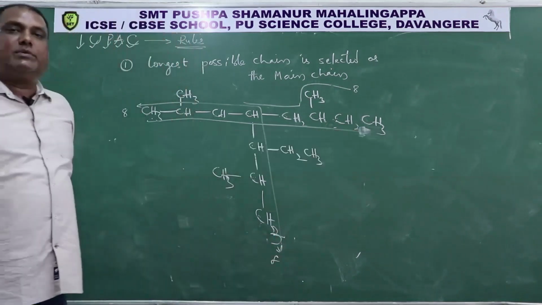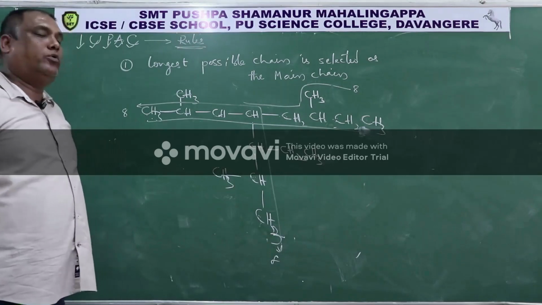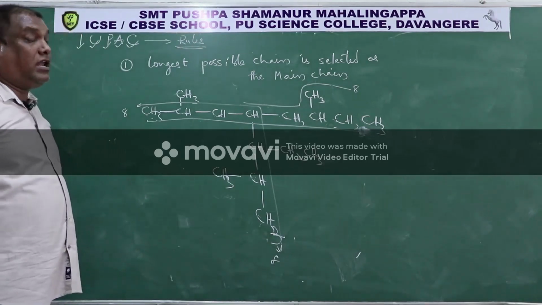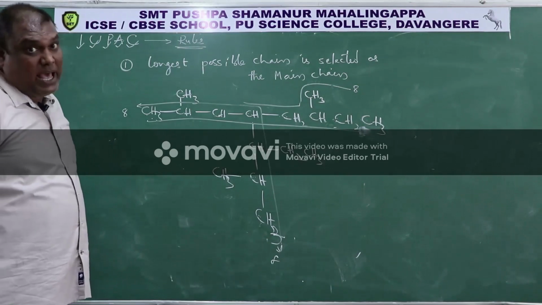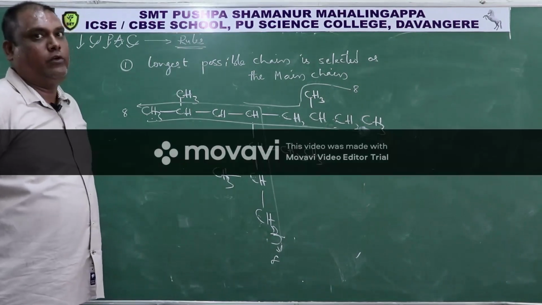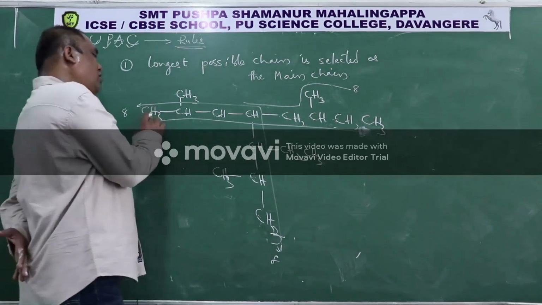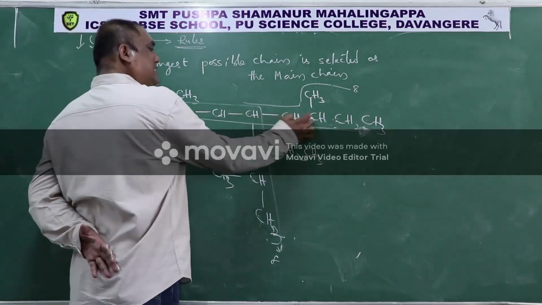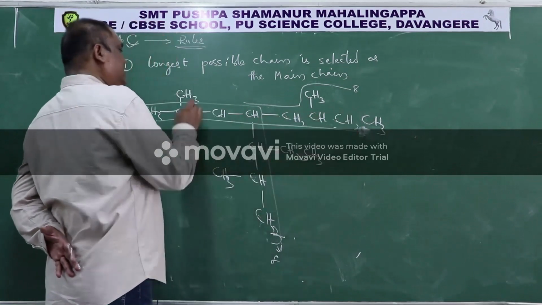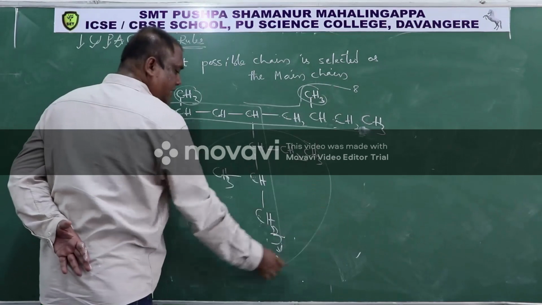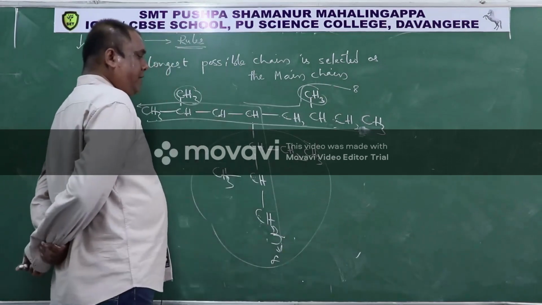Now, which one should be selected as the main chain? The rule is, the chain that carries the maximum number of side chains will become the main chain. If you observe the straight one, 1, 2, 3, 4, 5, 6, 7, 8, this is side chain 1, side chain 2, so in total it has 3 side chains.